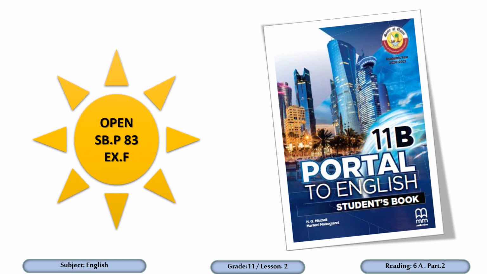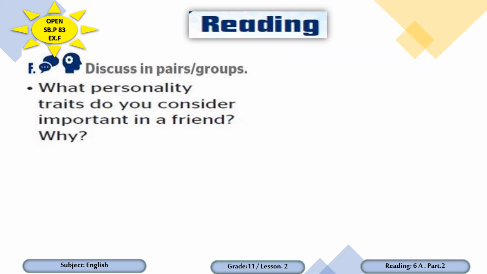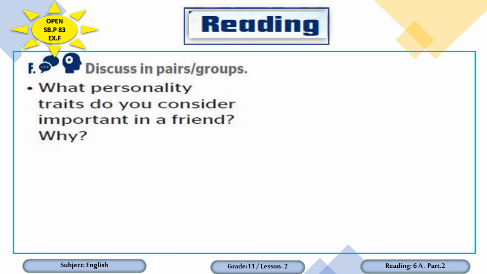Dear students, please open your student's book on page 83, exercise F. Please make sure that you are opening your student's book on page 83, exercise F. What personality traits do you consider important in a friend and why?